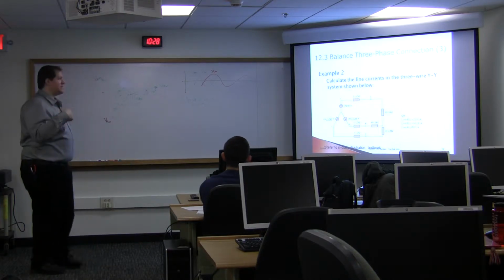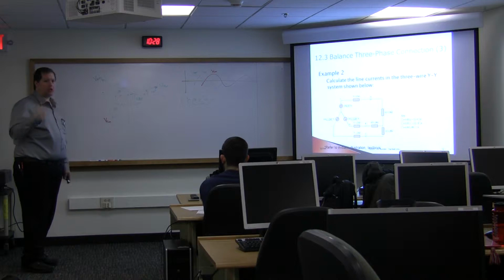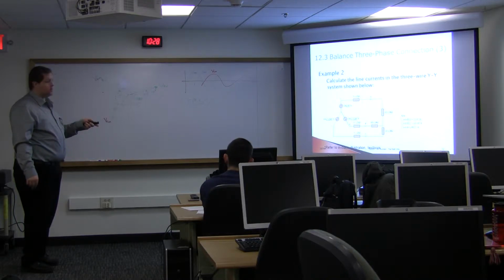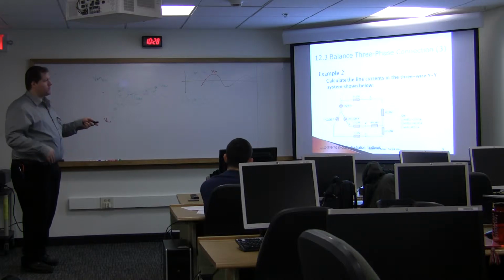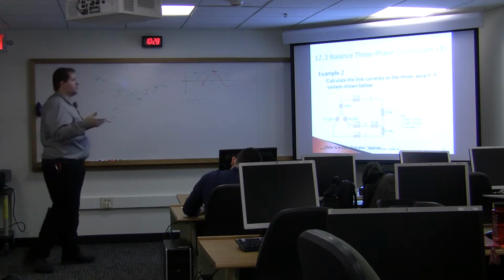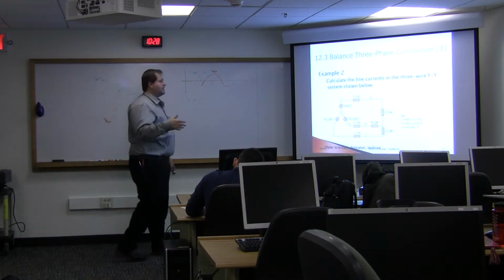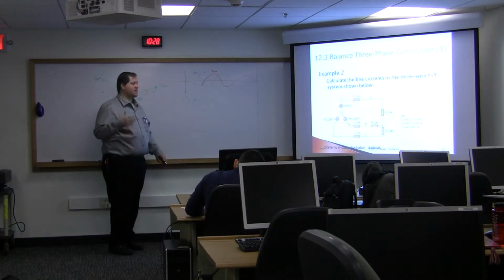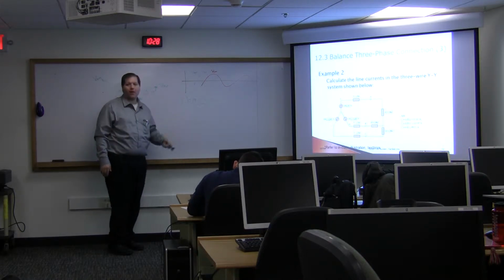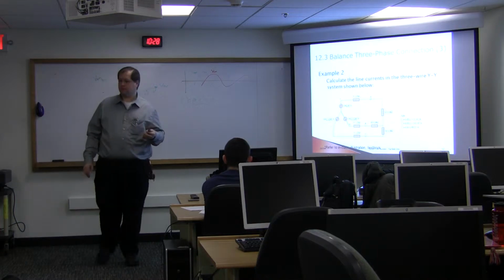So in this case, we want to calculate the line current in the Wye-Wye system. We want to calculate the current flowing through this wire from phase A on the voltage supply side to its corresponding point on the load. And another thing you'll notice about this configuration that's quite common in these problems throughout the chapter is that the line itself now has an impedance.